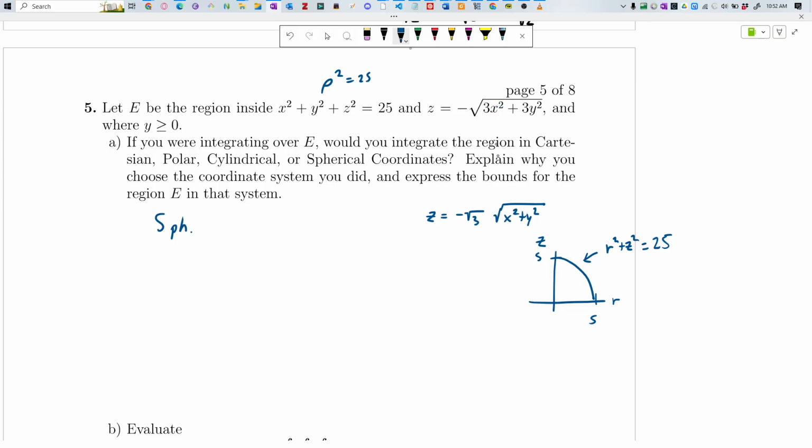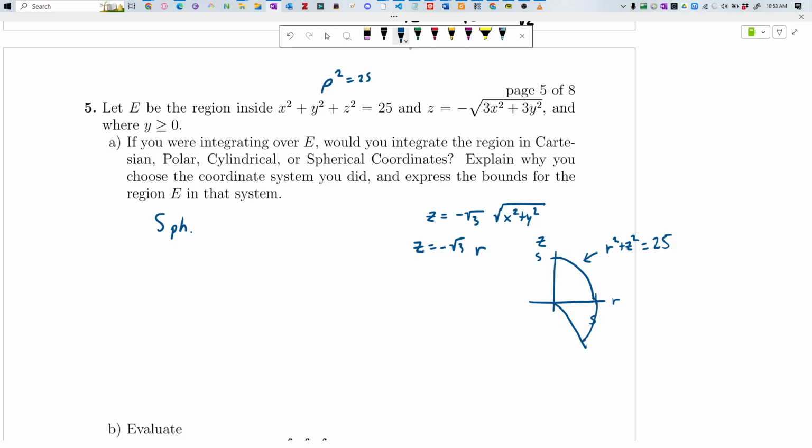And then this relationship, you could think of it as z is equal to negative root 3 r. That's a really weird looking cone if that's the case, because it's going to go like that.